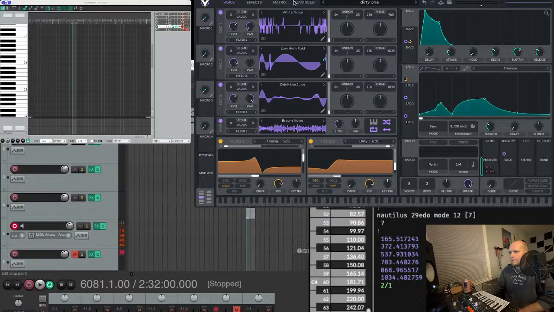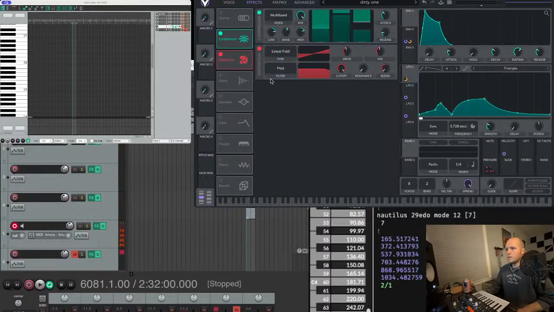I don't really like a fuzzy sheen, like an overlaying-the-sound type of distortion. I prefer when the distortion feels like it's part of the sound more, if that makes any sense.